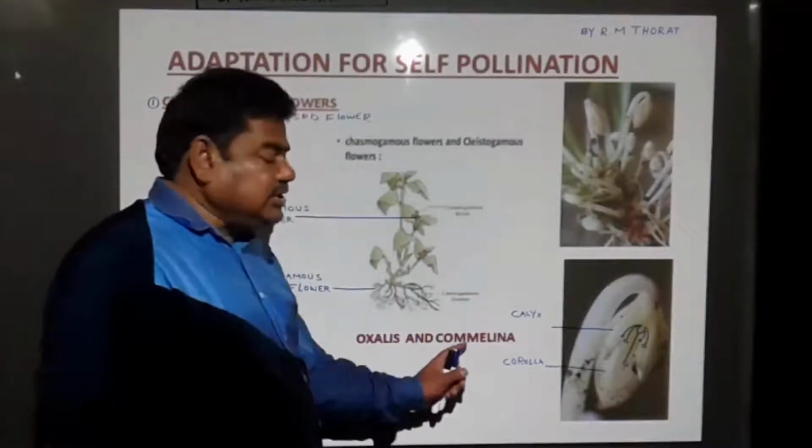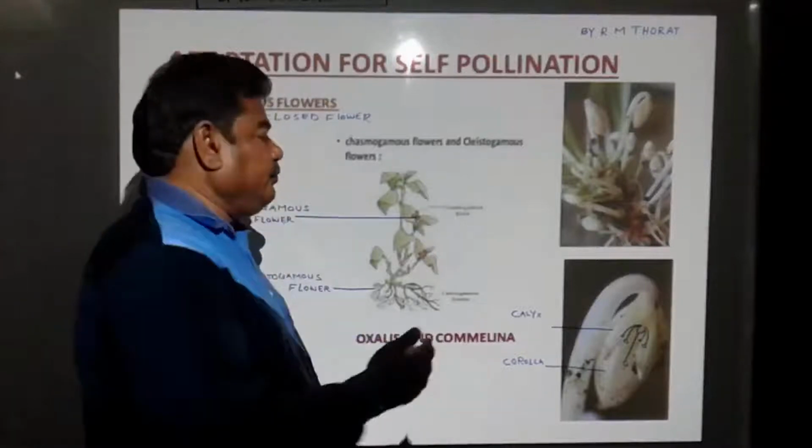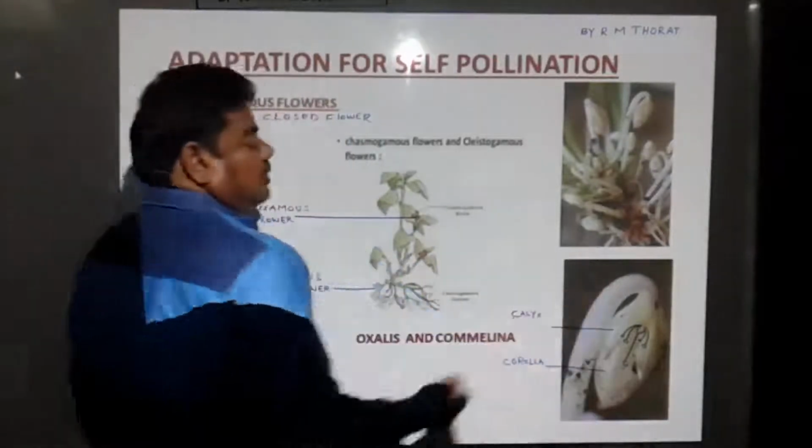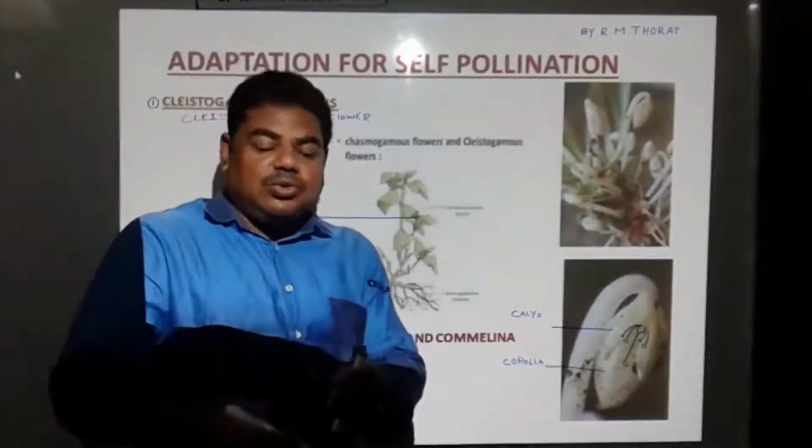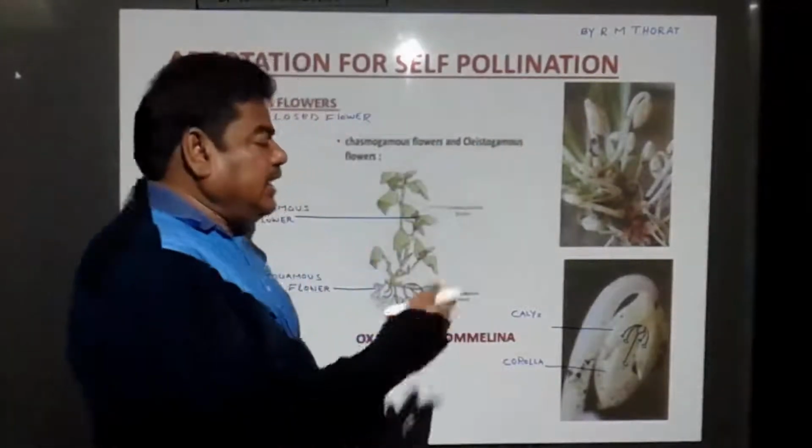Oxalis and Commelina adapt such features to gain self-pollination and to avoid cross-pollination, in case of this cleistogamous flower, not the chasmogamous flower.